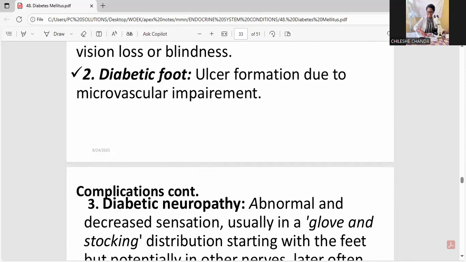It is called diabetic foot because it normally happens on the feet, but it can happen on the hands where there is no blood flow. The blood flow is impaired because the blood vessels that supply that particular area are impaired. So you find that this patient is going to go into having a very severe wound that does not heal.